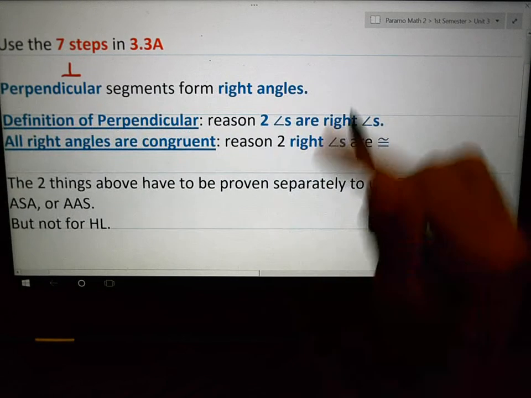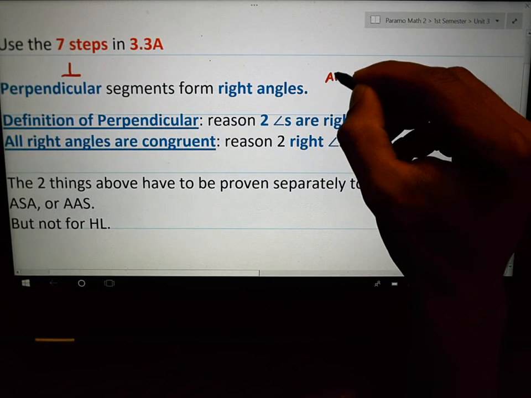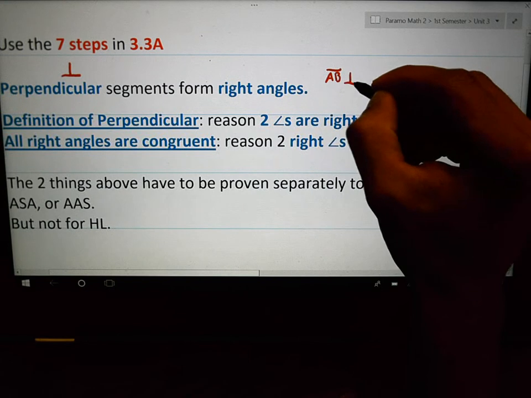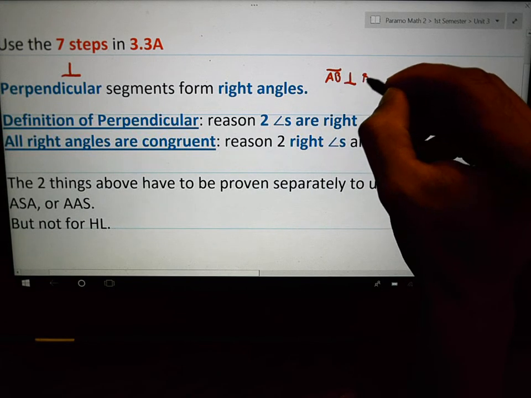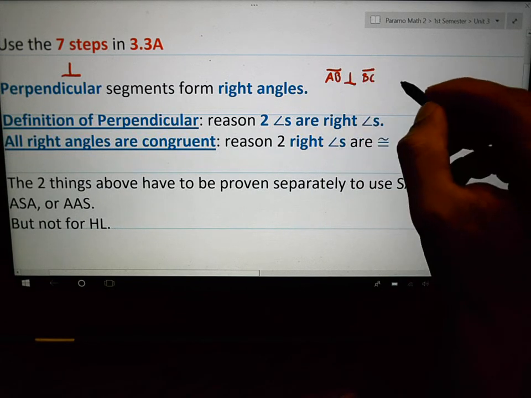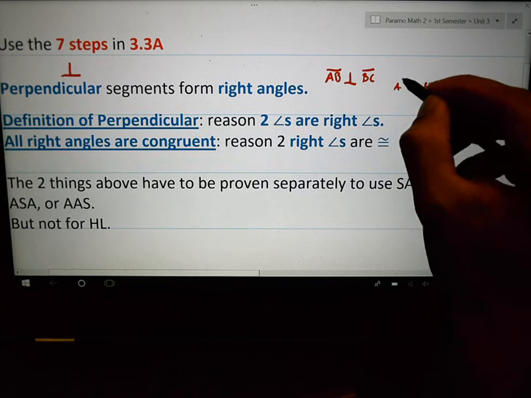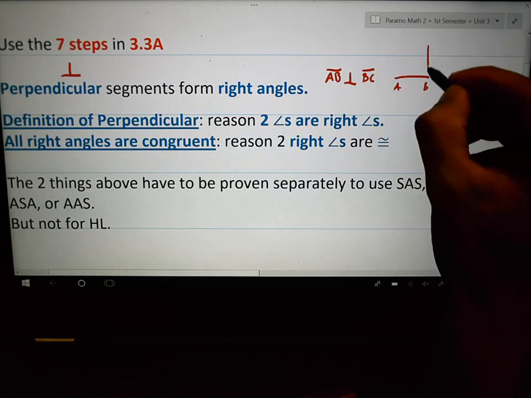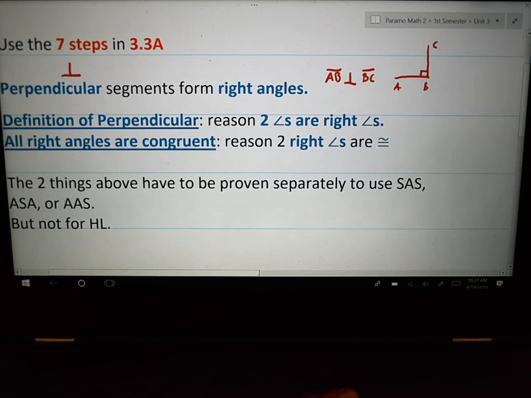For example, if you see AB is perpendicular to BC, what that means is that you have segments that form a perfect right angle to each other.